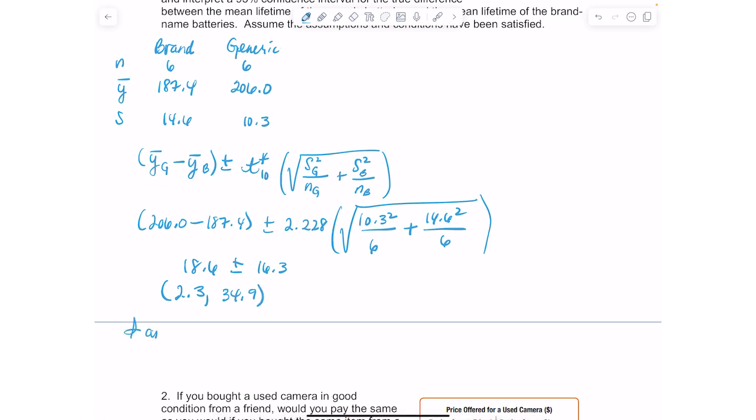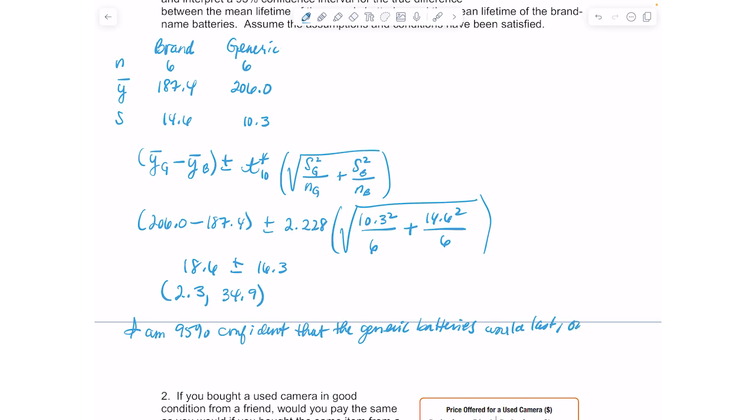So we would interpret that as: I am 95% confident that the generic batteries would last, on average, right?